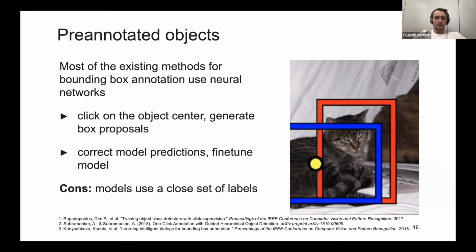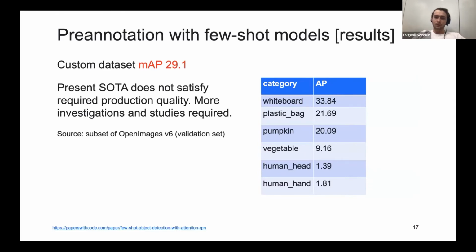Sounds cool. It seems to be a very good idea. The problem is neural networks that do this kind of stuff are limited by the set of labels. And as a result, people come to Toloka with more complex labels than we expect in some kind of public data sets for SOTA, for state of the art.